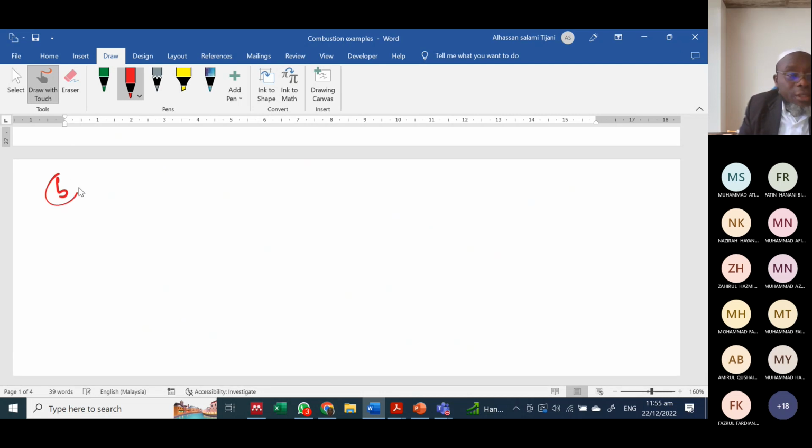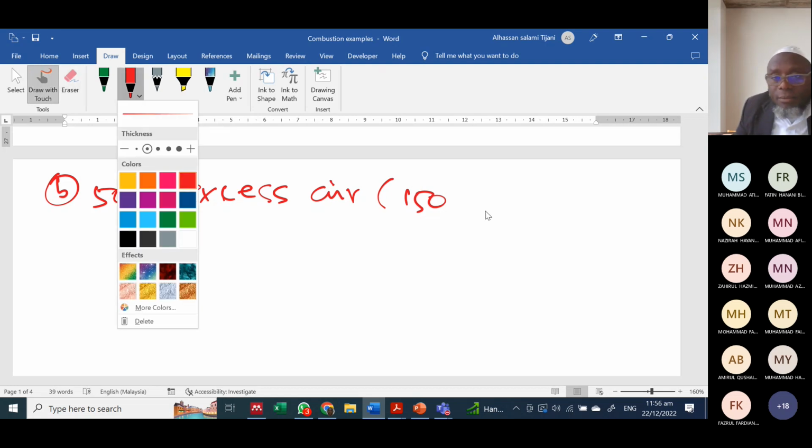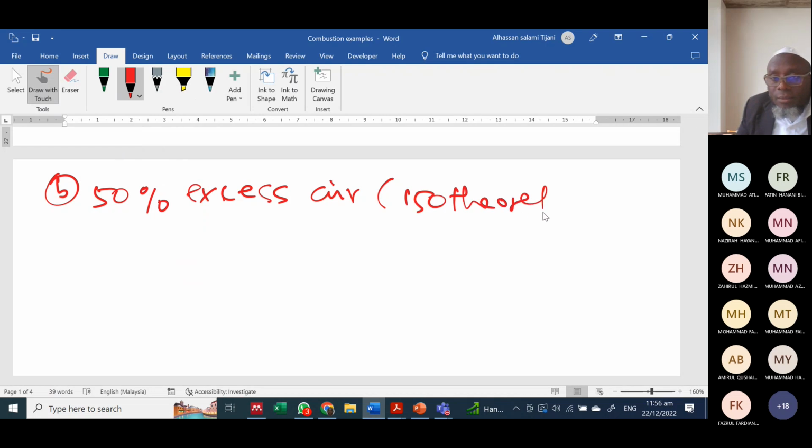Part B, 50% excess air. 50% excess air is the same as 150% theoretical air. So what we will do is write down the original equation for stoichiometric air.